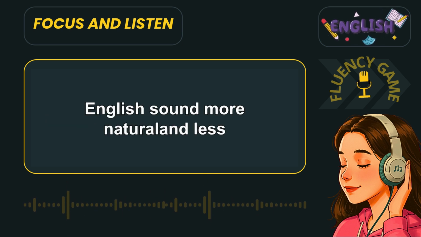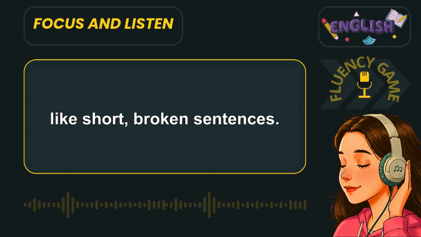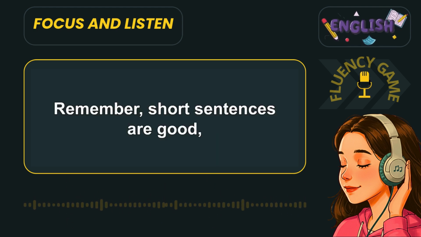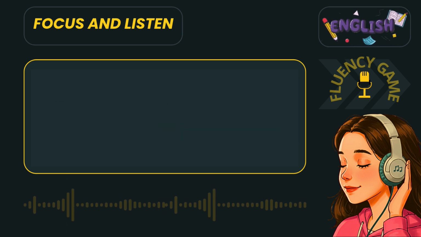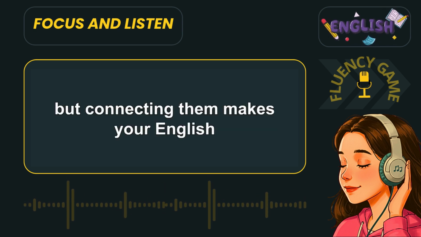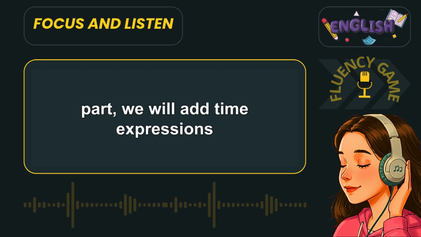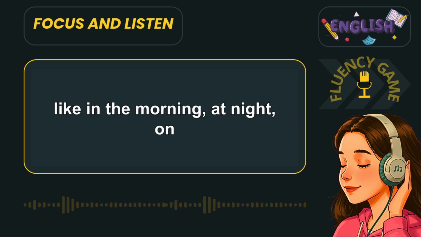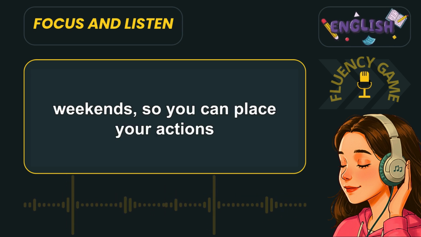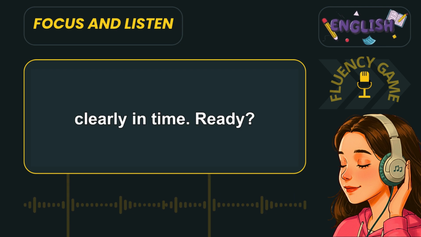These words make your English sound more natural and less like short, broken sentences. Remember, short sentences are good, but connecting them makes your English smoother. In the next part, we will add time expressions like in the morning, at night, on weekends, so you can place your actions clearly in time.